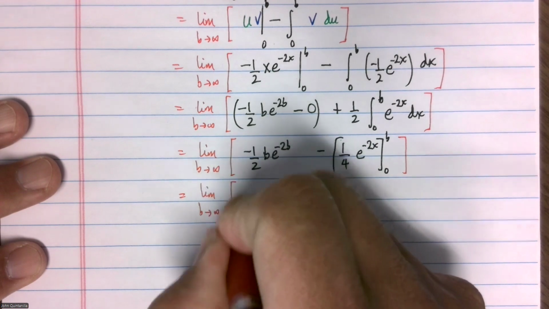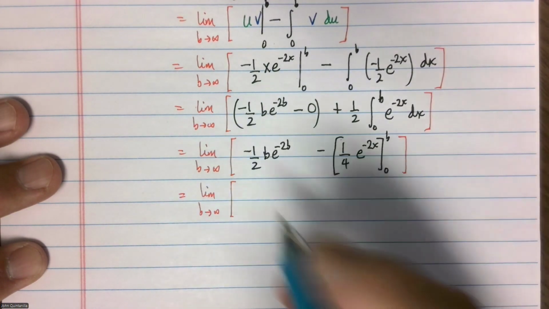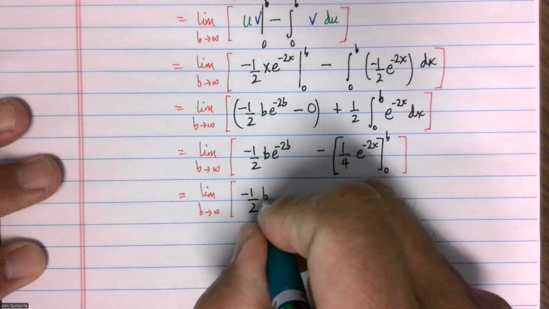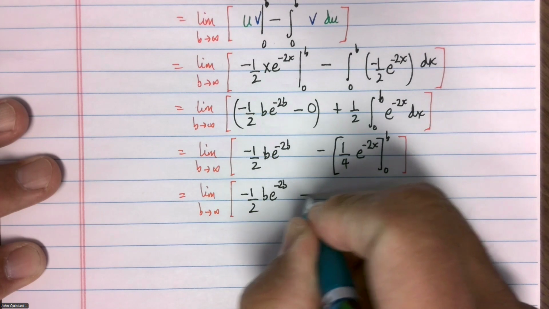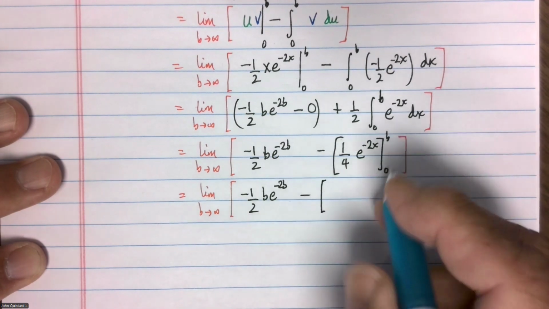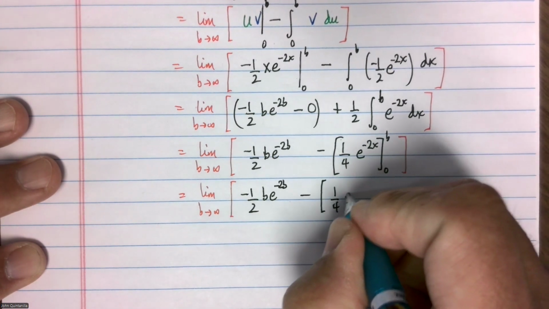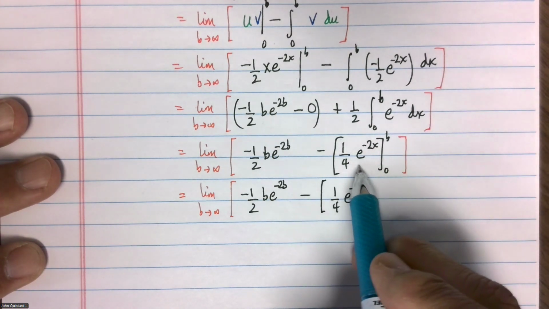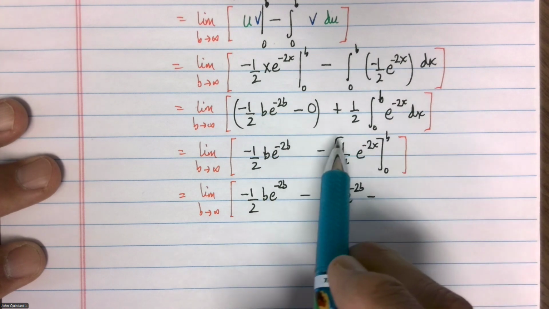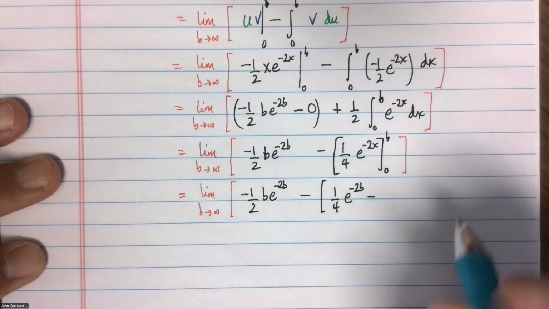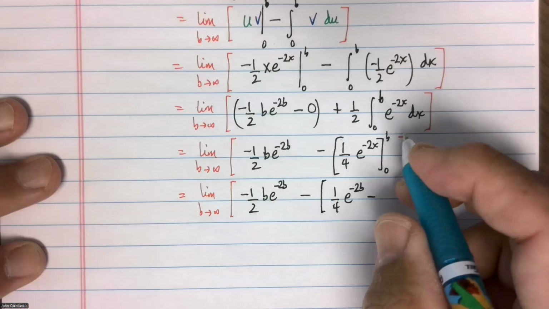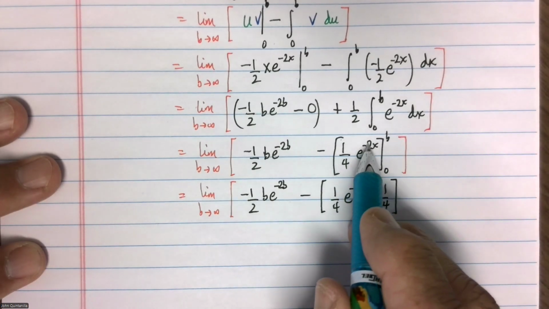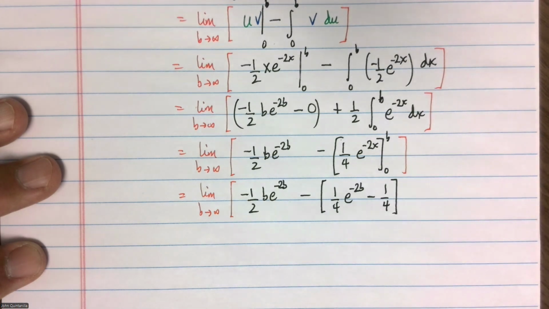So we're almost ready to take on that limit. The limit of negative 1/2 b e to the minus 2b. Then, evaluating the last part, we get minus 1/4 e to the minus 2b, minus, and then if I plug in 0 this time, I get minus 1/4, because 1/4 e to the 0 is equal to 1/4.